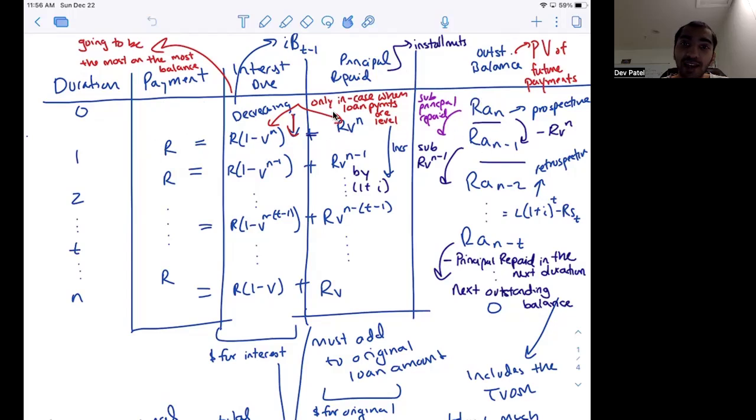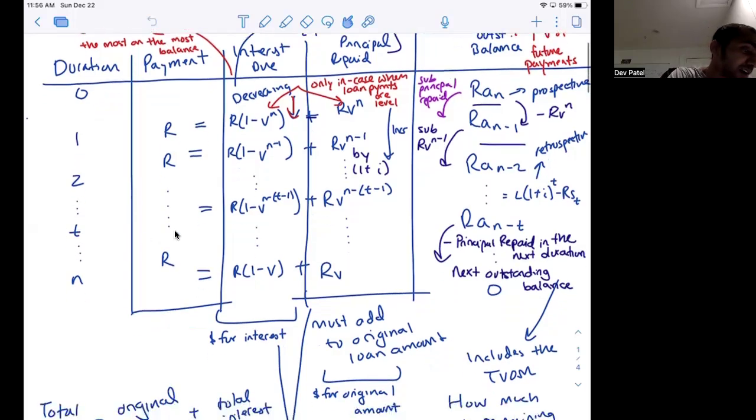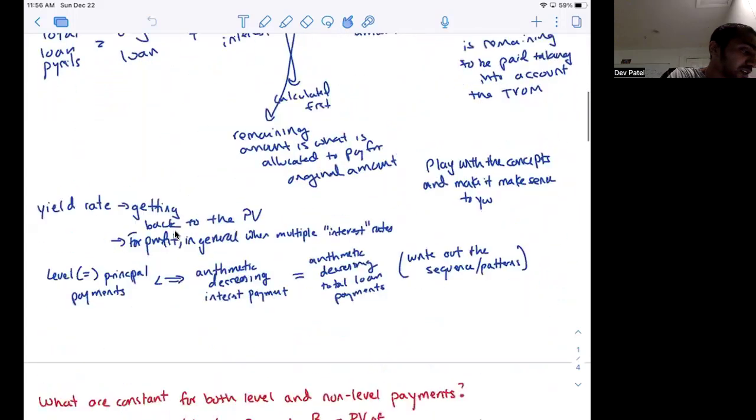Typically in those types of questions where you have some relationship between the payment and interest due, you can make some sort of relationship between consecutive outstanding balances. And you can use that to get an outstanding balance at time period 10 or time period 9 or whatever time period you need. So that's one of the nuances of that question.